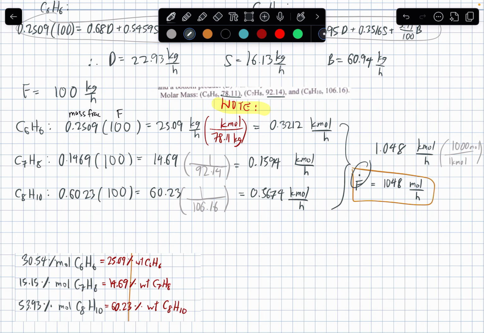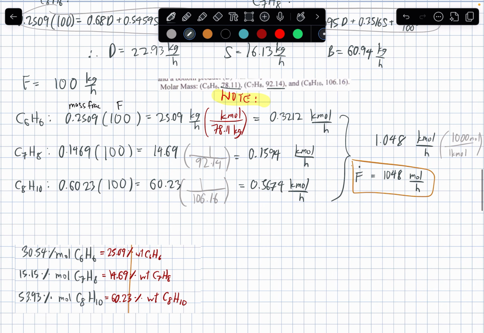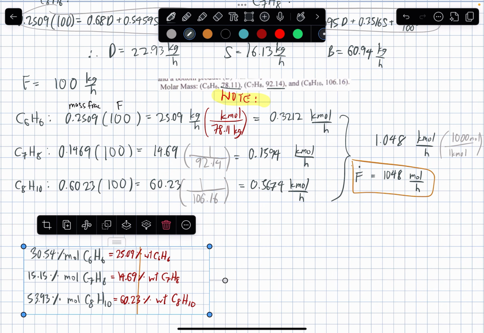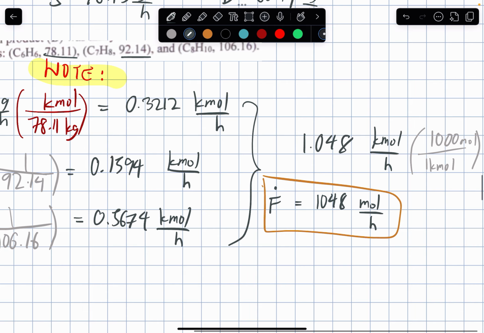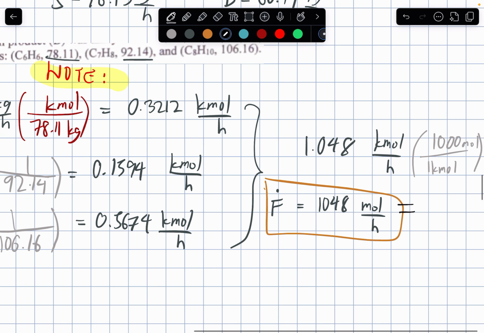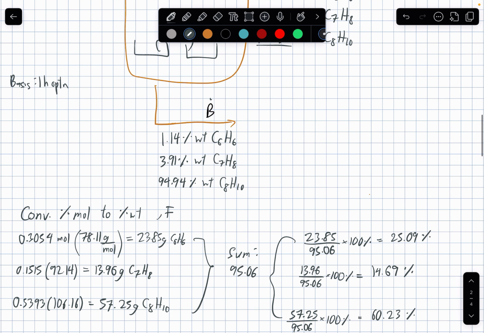So in the final answer, you can place a dot. Okay, so we were able to find the molar flow rate for the feed. I think you can also say this as that molar flow rate of F.